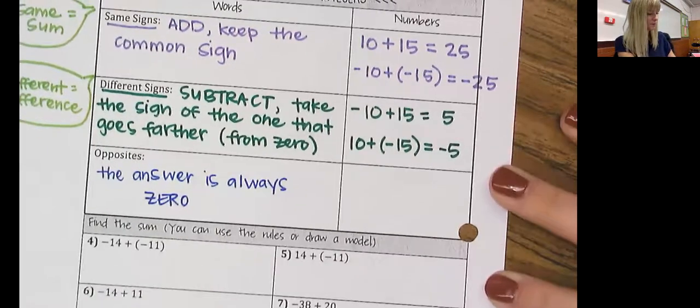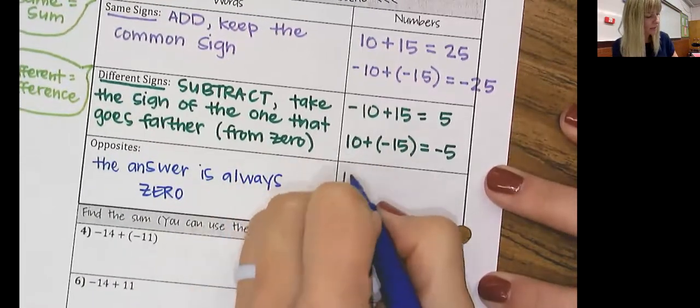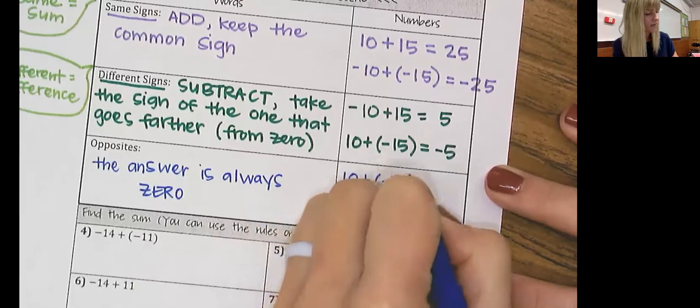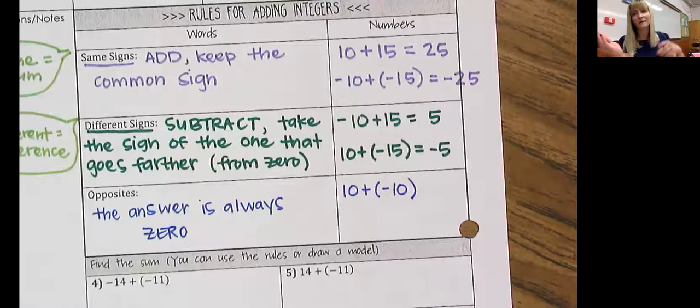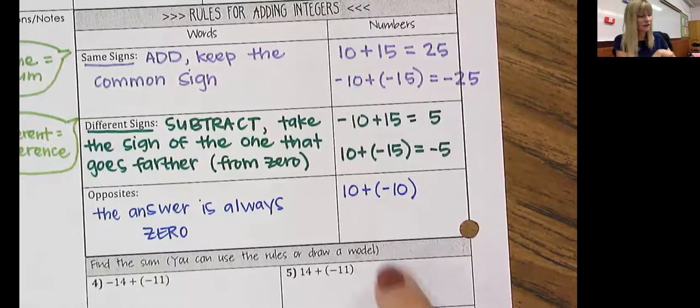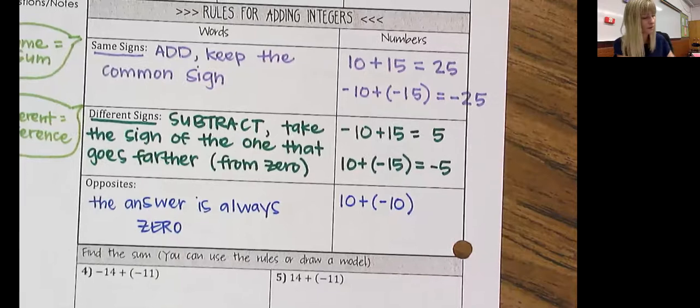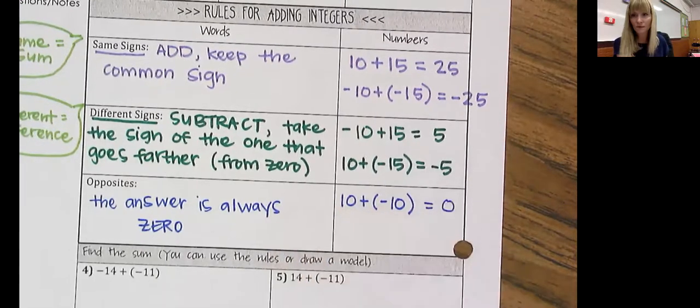Doesn't matter how big or small the numbers are. But if I had 10 plus negative 10, those are considered opposites because it's the exact same number of positives as it is negatives. And if I asked you which one's farther from 0, oh, the answer is they are the exact same distance from 0. So that is truly what makes them opposites. If I place these on a number line, they are the same distance from 0. So that gives me an answer of 0.